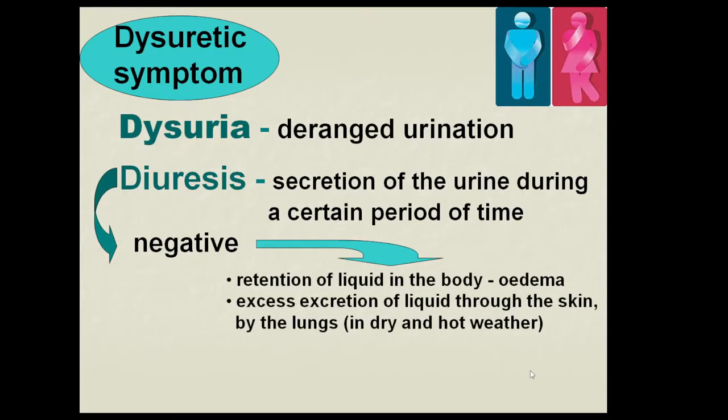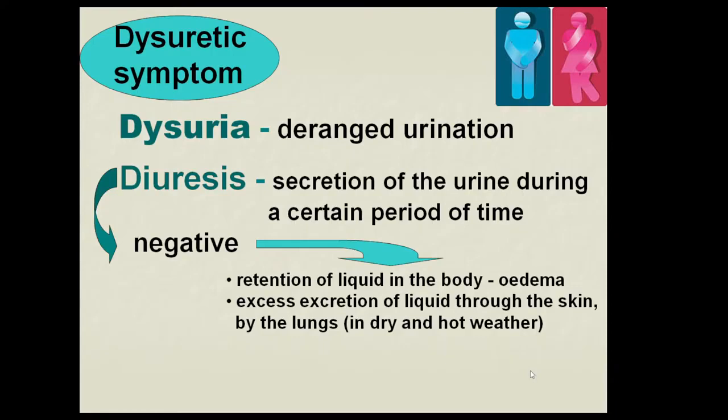Negative diuresis is when the amount of urine is significantly less than intake liquid. Normally, we excrete 70% of intake liquid. For example, if the patient takes 1 liter of water, nearly 700 milliliters will be excreted with urine. If less, we are talking about negative diuresis.